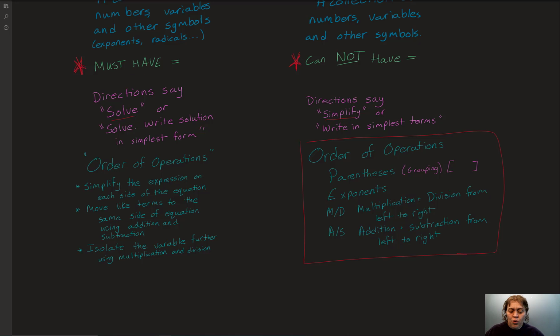The order of operations, in quotation marks, because it's not exactly an order of operations, for solving equations goes something like this: simplify the expression on each side of the equation, using regular order of operations. Move like terms to the same side of the equation using addition and subtraction. And then once you've got all of the terms with your variable on the one side, you want to isolate that variable further using multiplication and/or division.